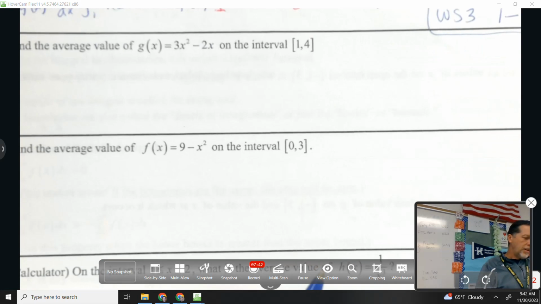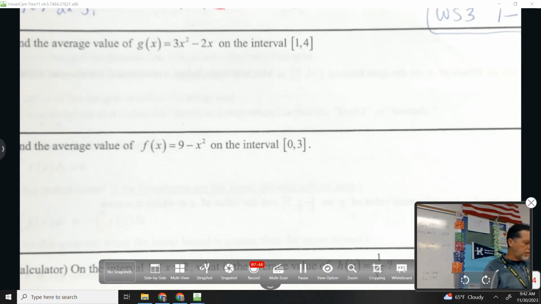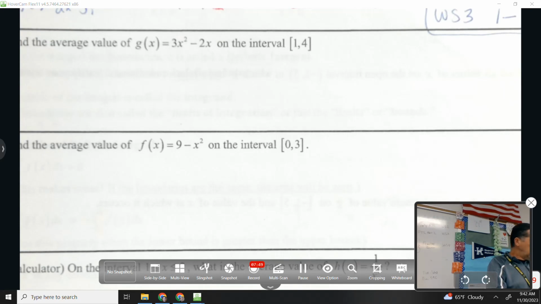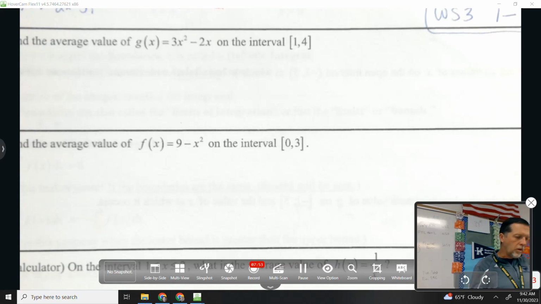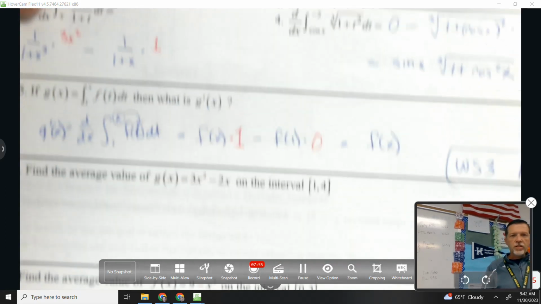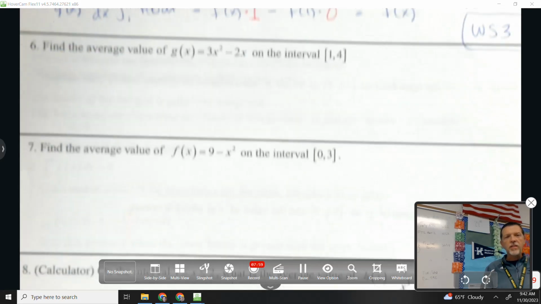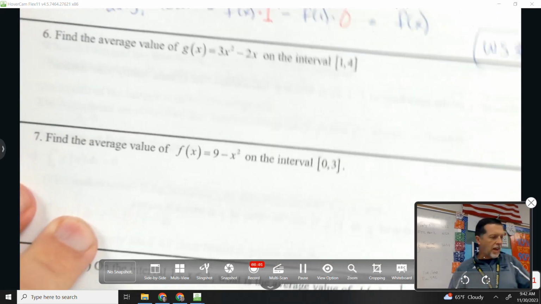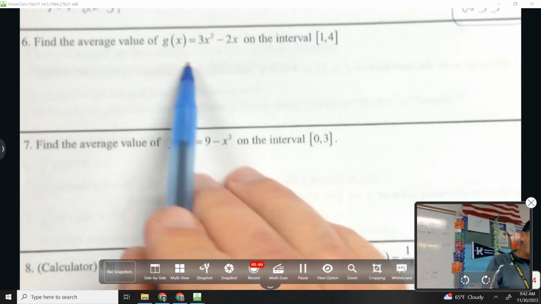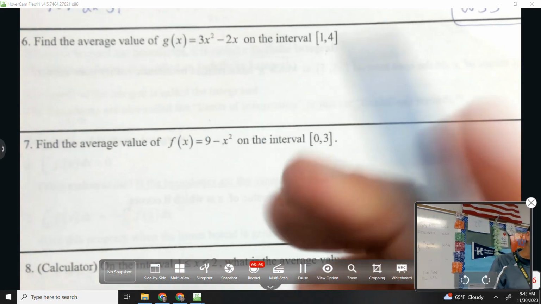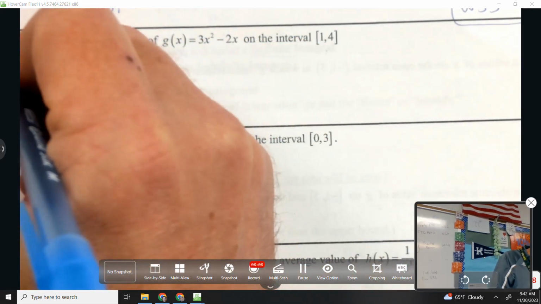Okay, on to some examples. Problems 1 through 5 were derivative of an integral, so that's fundamental theorem of calculus stuff. Number 6: find the average value of this function between 1 and 4. Let's do this one without a calculator.